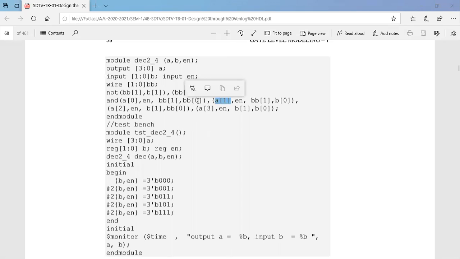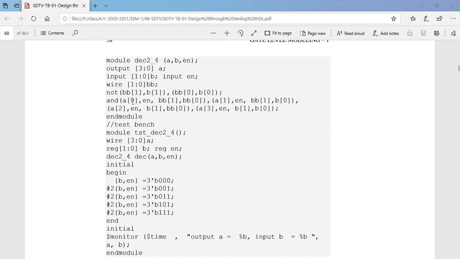So based on the values what we get here, BB of 0 is the complement of B of 0. The same thing we are using here, and the complement of B of 1 what we assigned to BB of 1, we gave these two, and with respect to the enable it is going to A of 0. The same thing also here.